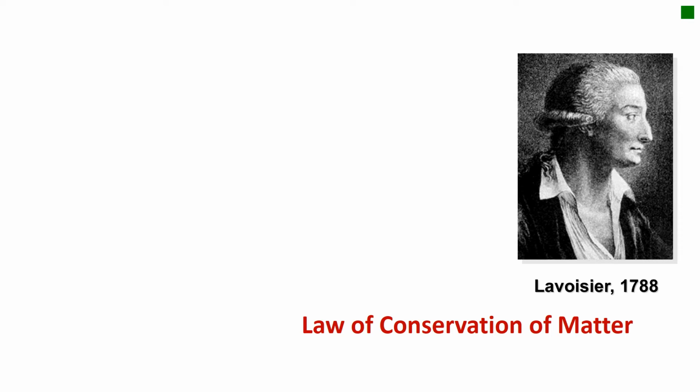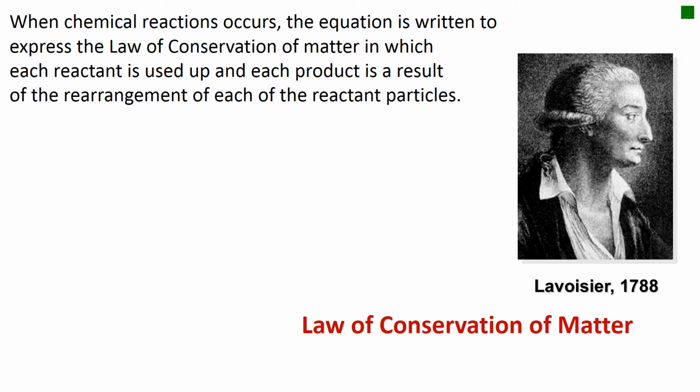So Lavoisier, way back before they knew much about atoms at all, using lots of glassware and gases, came up with the law of conservation of matter by weighing these gases against each other before and after reaction. It's kind of cool.